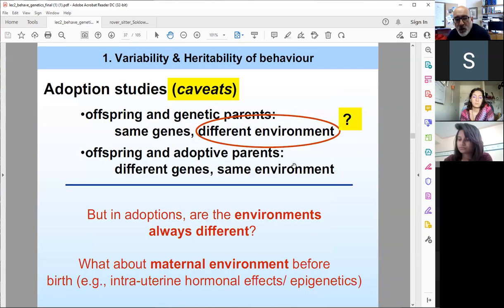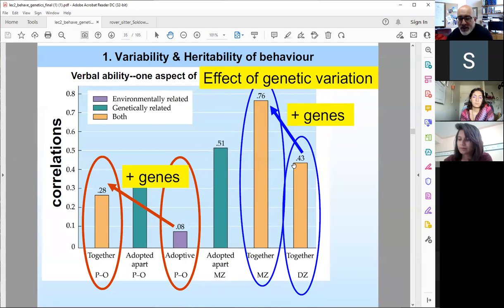Okay, so the point I'm trying to make is that it takes both the environment and the genotype to affect the phenotype. In this case, the phenotype is a measure of verbal ability.